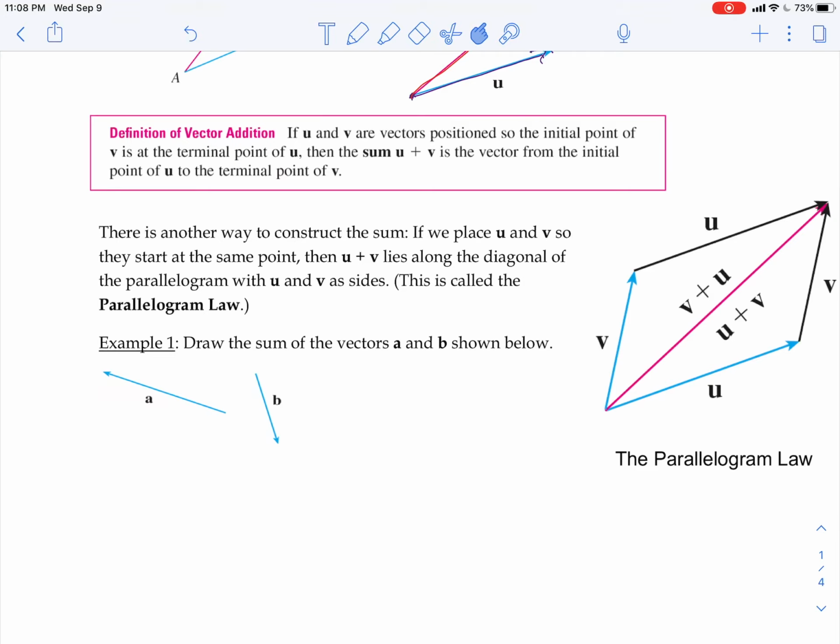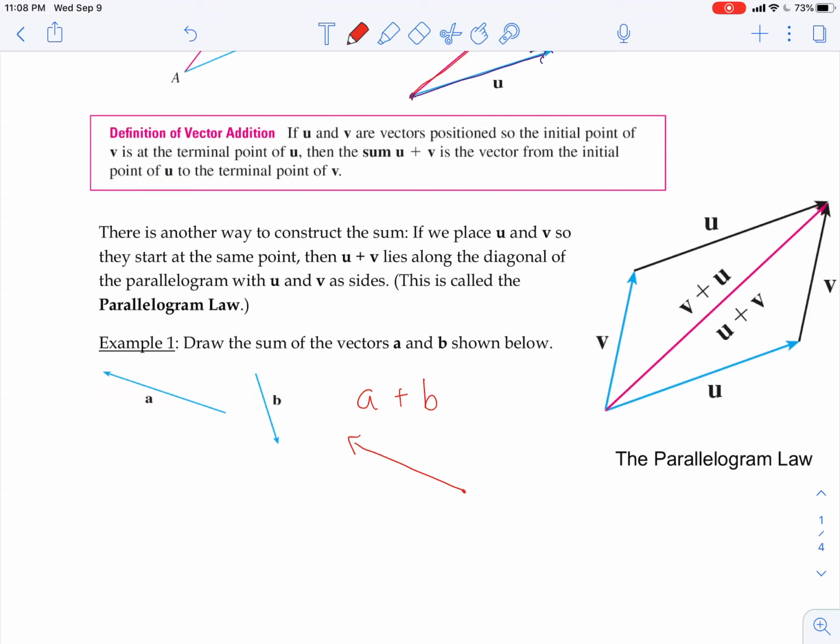All right, so for example 1, we're just going to draw the sum of the vectors a and b. And so taking vector a and adding it to vector b, I'll just write a plus b. And I'm going to start with a. And so there's my initial point for a.